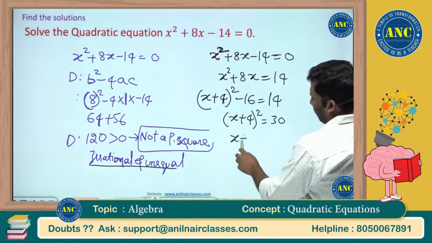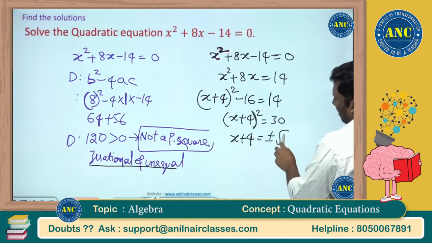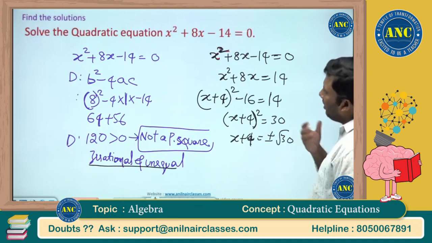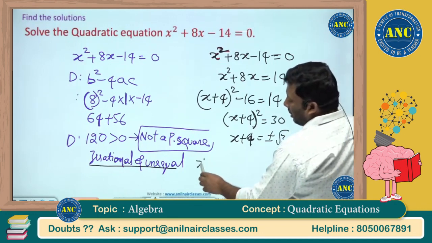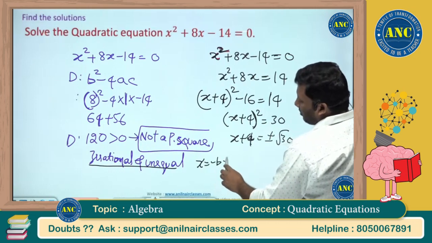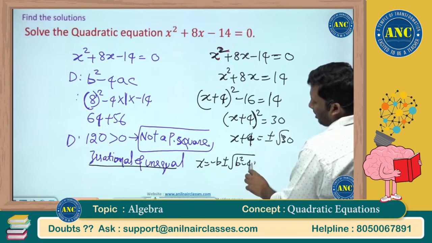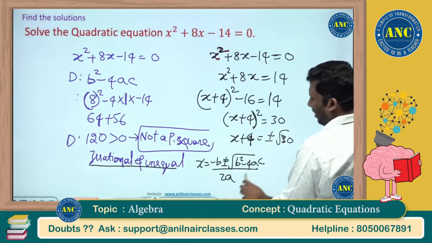So x plus 4 is equivalent to plus or minus root 30. From there you can find it out. Or you can use the formula x equivalent to minus b plus or minus root of b square minus 4ac by 2a. That also will give you the same answer.